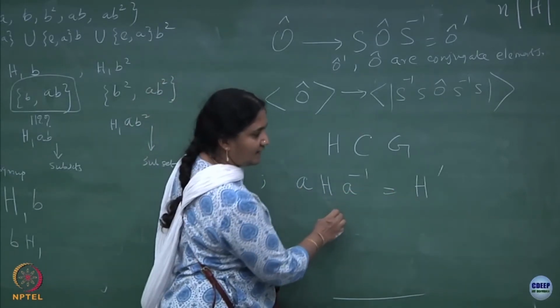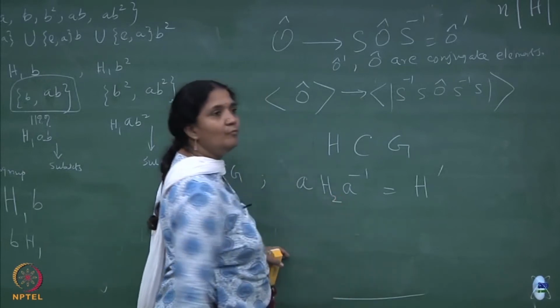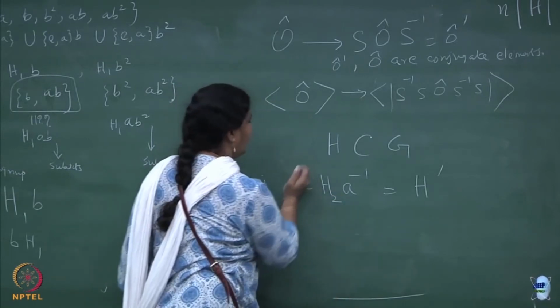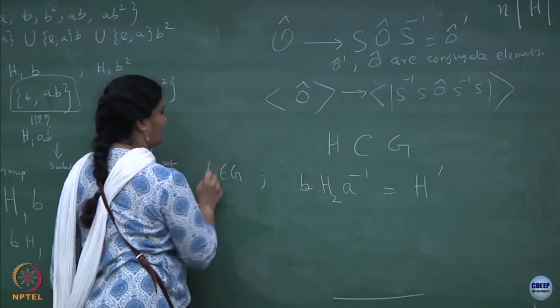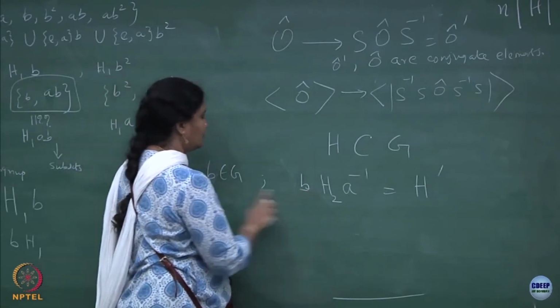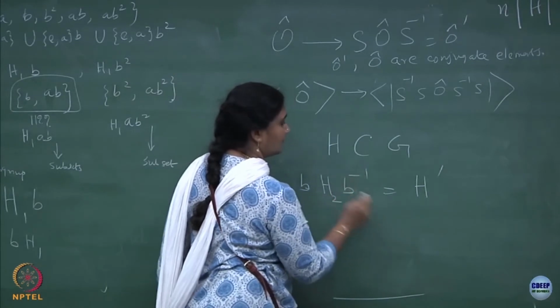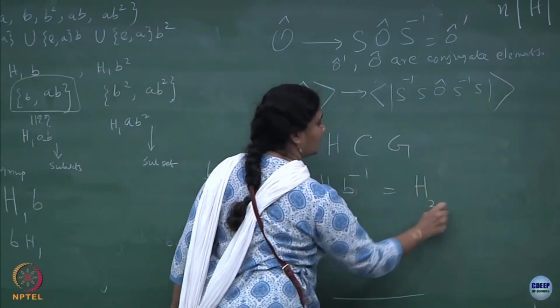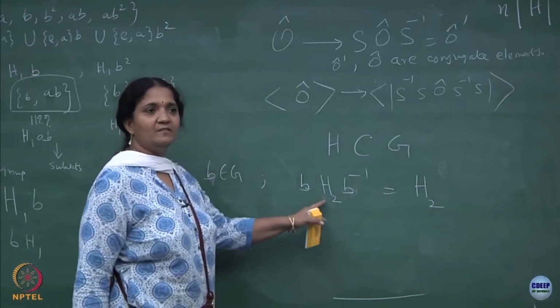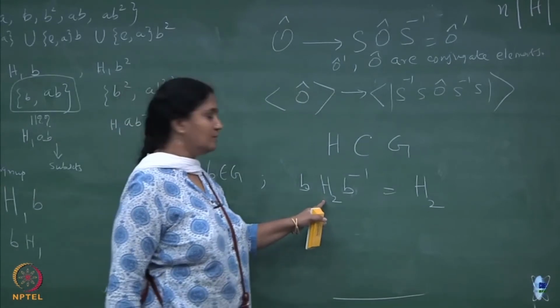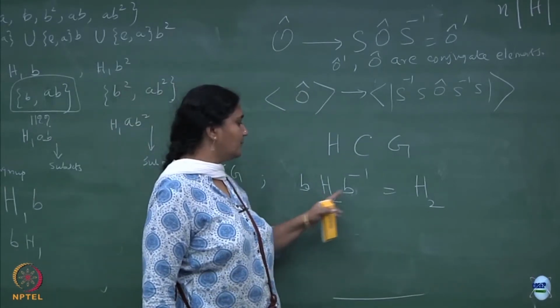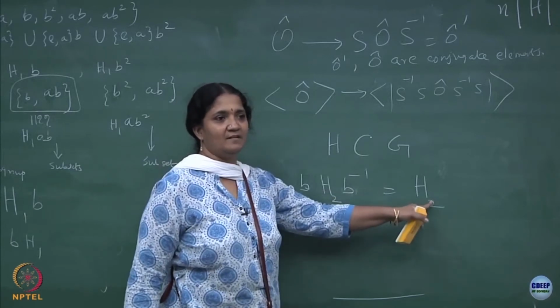Suppose I take H2 and multiply by B, where B belongs to H2 as well as to G, then what happens? Nothing happens, right? B multiplies H2, it gives you again the same set.